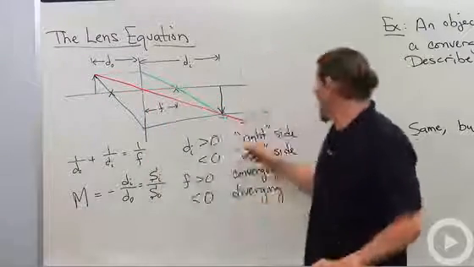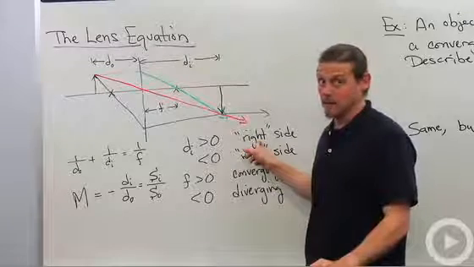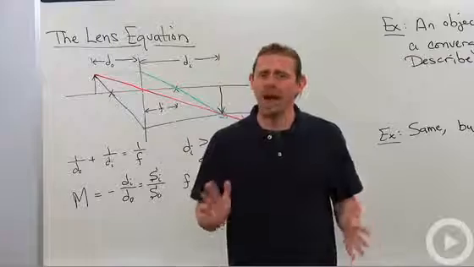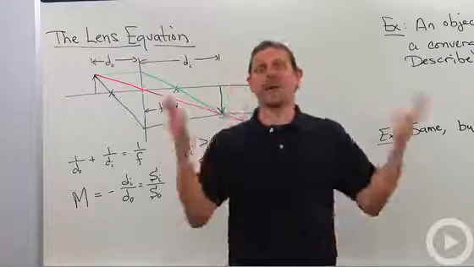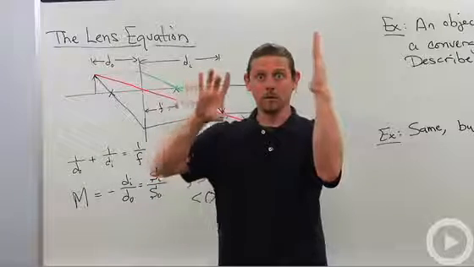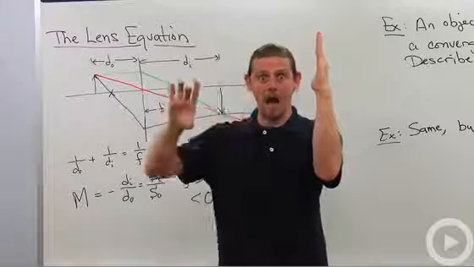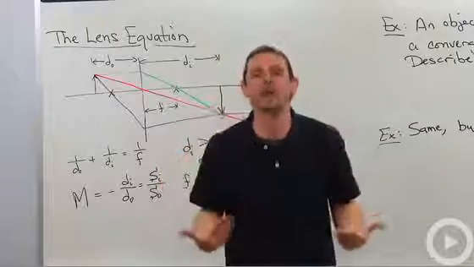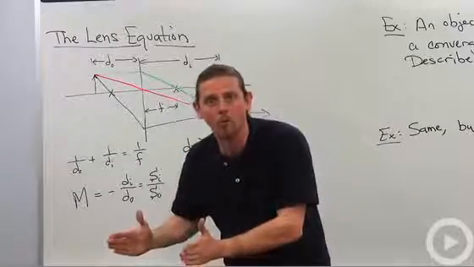Now, the reason why I say the correct side here is that when it's a mirror, it kind of goes the other way. Mirrors are supposed to reflect light. So if I've got a mirror here and the object is here, positive DI means that the image is on the same side as the object because that's where the light is supposed to go.